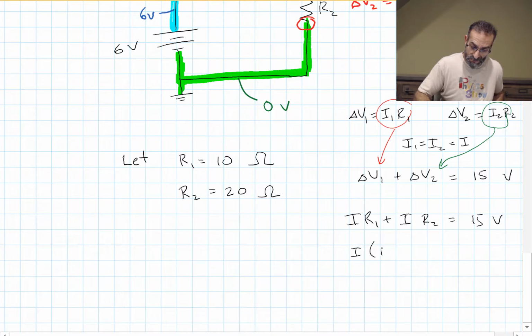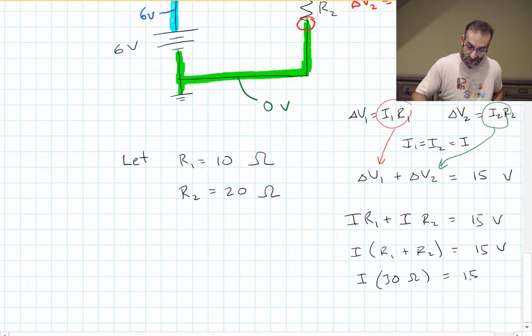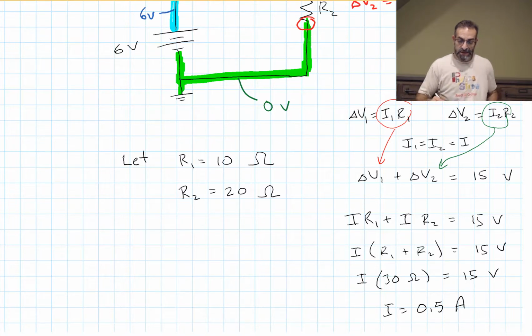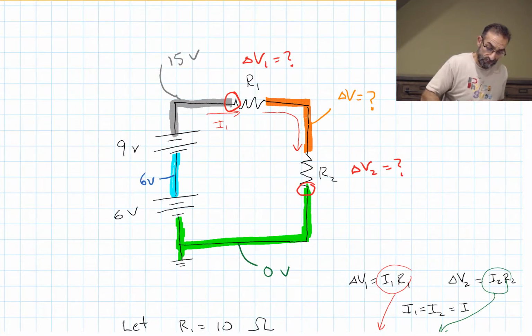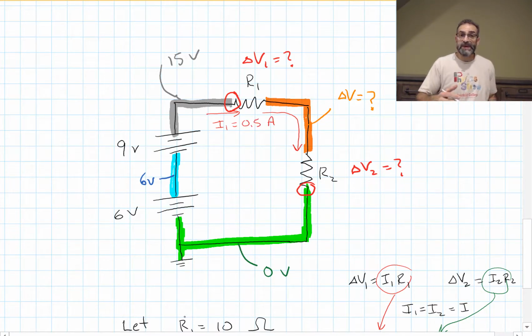I times R1 plus R2 is 15 volts. I times 30 is 15 volts. I is equal to 0.5 amps. So everywhere in this circuit, the current is the same because there's no place for it to go. It has to just keep going around clockwise in this circuit.